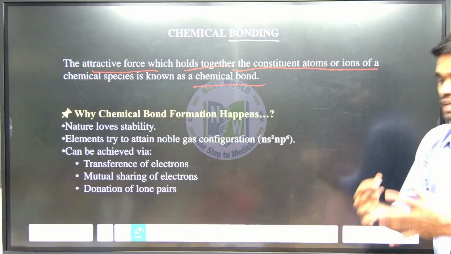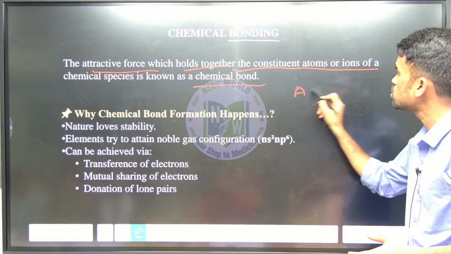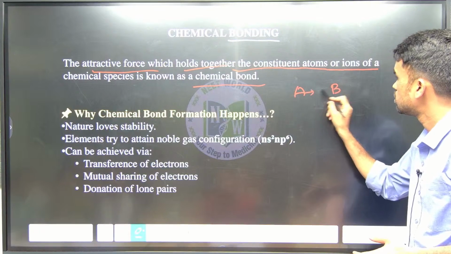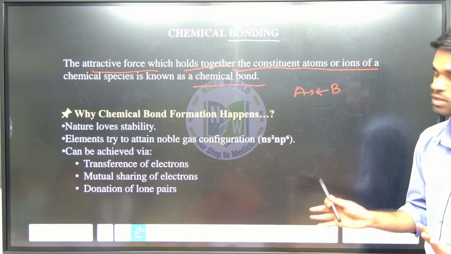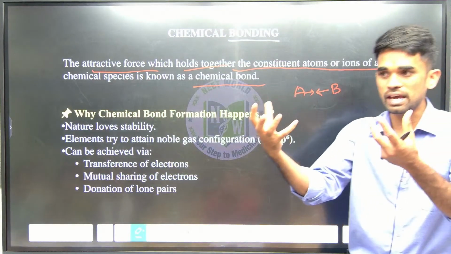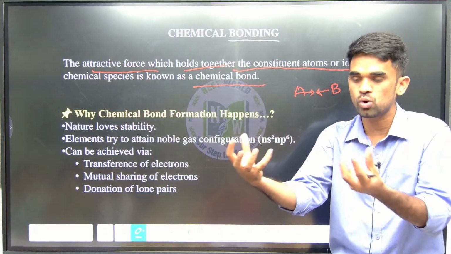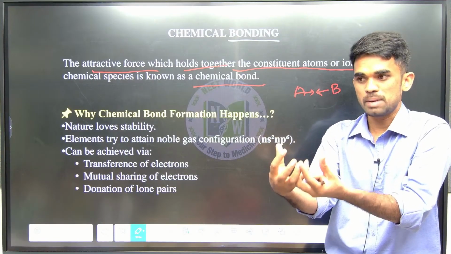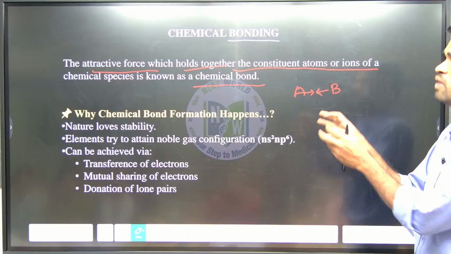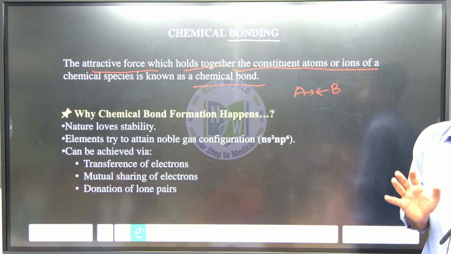It may be anything that holds two species together. Any type of force that holds two atoms or species together is considered to be chemical bonding. So now why does this chemical bond formation happen?